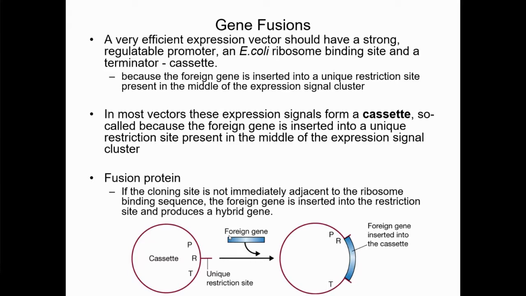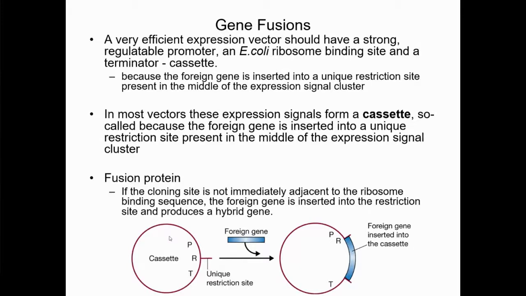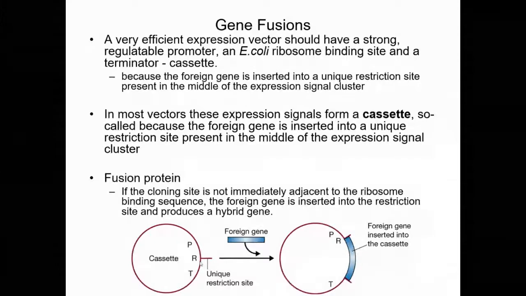If you clone a piece of gene right immediately after the ribosome binding site, then you will express the gene of interest completely. However, if you clone the gene a few base pairs after the start codon, then you will produce a fusion protein, a hybrid of the bacterial vector sequence and your gene of interest.